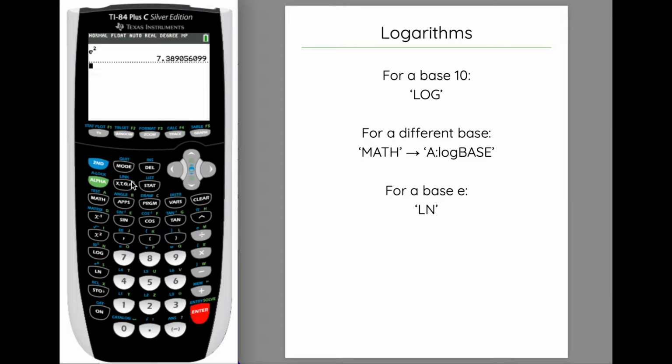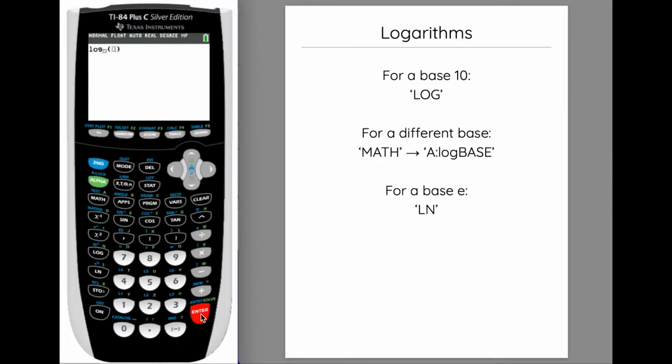For other logarithms, if you type in the log button here, that is log base 10. So if you have log base 10, you just type log, and then you input your values. However, if you need another base, you can go to Math, scroll down to A here, log base, and hit Enter.